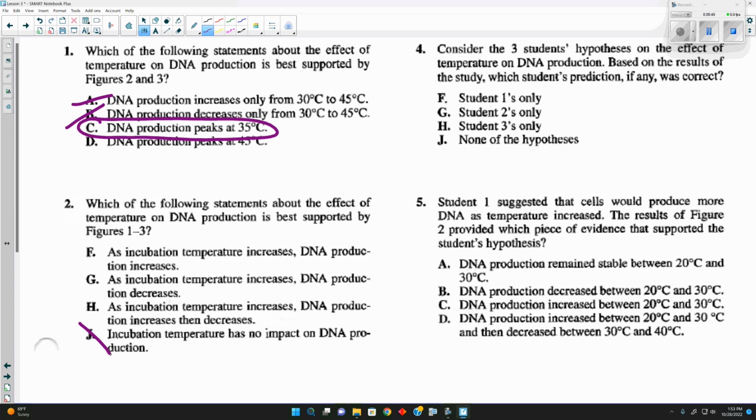So it goes up, and then, because DNA production, so temperature increases, DNA production decreases. So it's just saying it's going to constantly go down, which it doesn't do. It actually does go up and then goes down. Now, it doesn't do it exactly like we think of up and then down. And I can see where it's kind of misleading, especially with figure 1, where it does a little bump and then up, down. So that is actually what they're looking for.